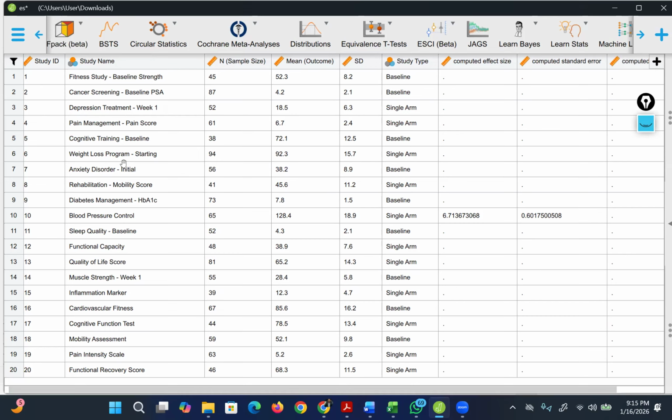Since it's not a study of one single group of topic, the articles are not homogeneous in nature. We are not talking about only fitness studies. Here we have study names like cancer, depression, pain management, cognitive, weight loss, anxiety, so many things in one demonstration.